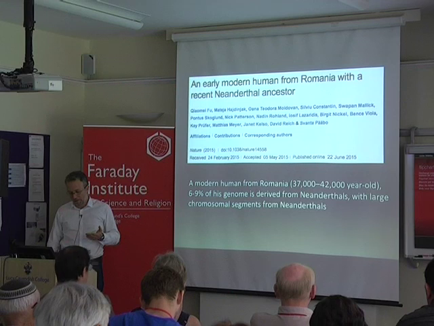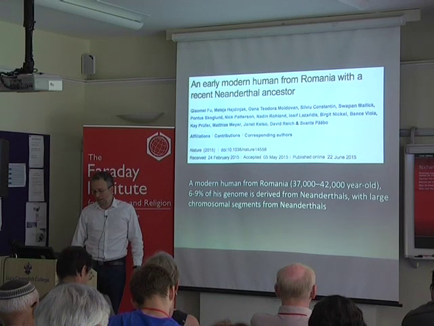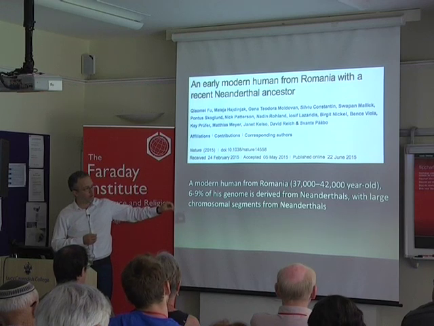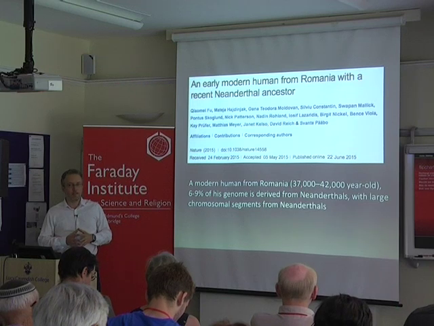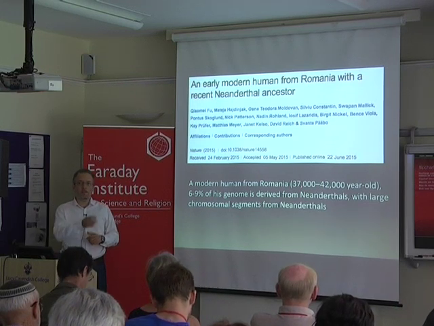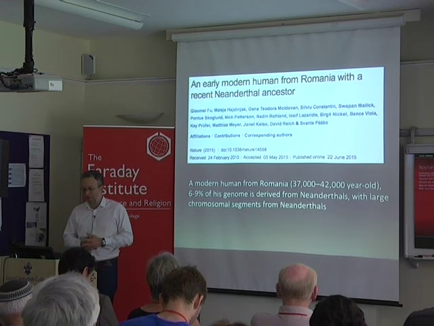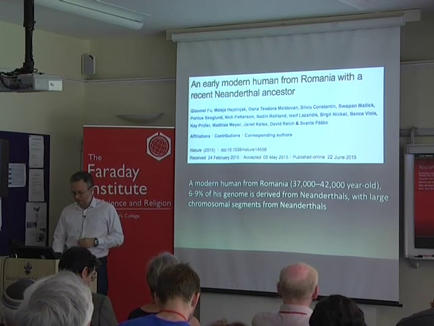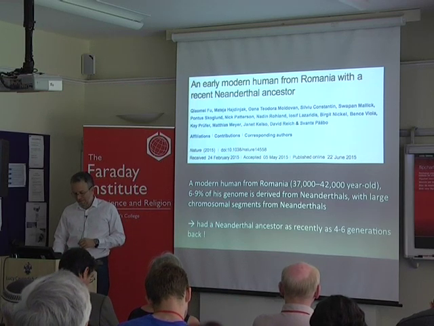They computed that there were very large chromosomal segments from Neanderthals, and they concluded that this would be possible only if this individual had Neanderthal ancestors 6 to 8 generations in the past. So we have more and more of this material, and it's quite amazing. Again, we can really count on many new discoveries in the future. Yeah, so 4th to 6th generation back.